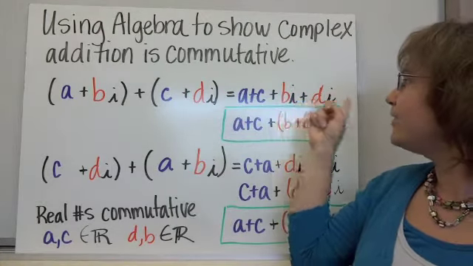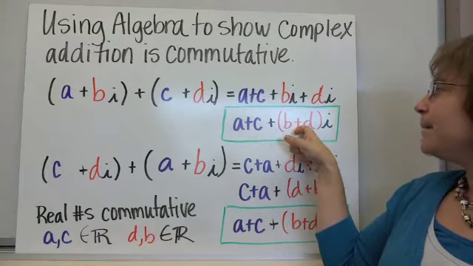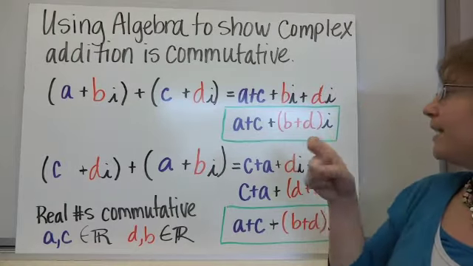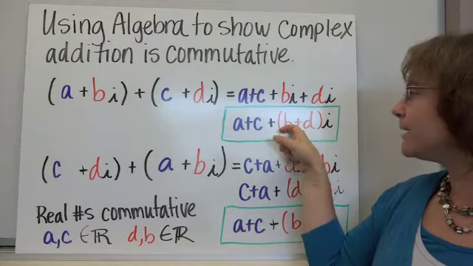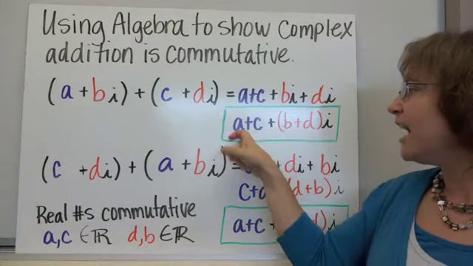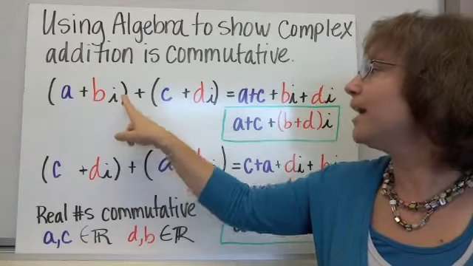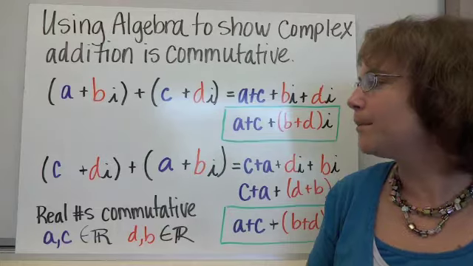Now we can factor out the i right here, and we have (a + c) + (b + d) times i. If we were to distribute that i, we would get right back up here. So now we have b plus d, which is a real number, because we have two real numbers added together, and another real number here. So this is our answer to the algebraic addition of the two numbers.